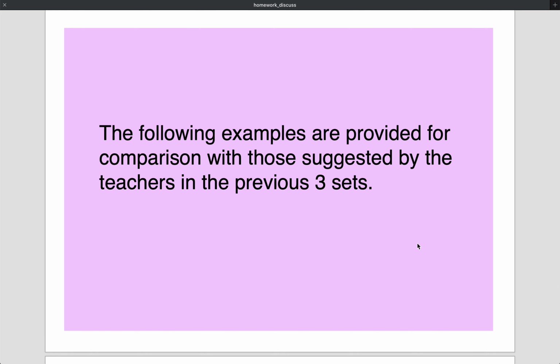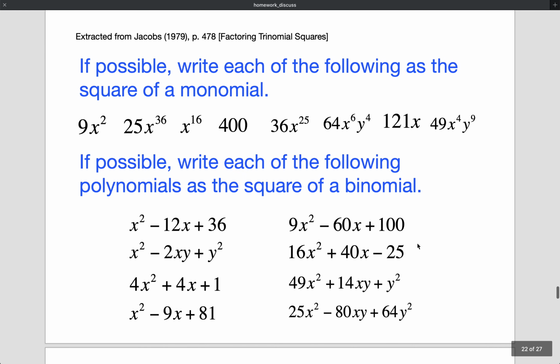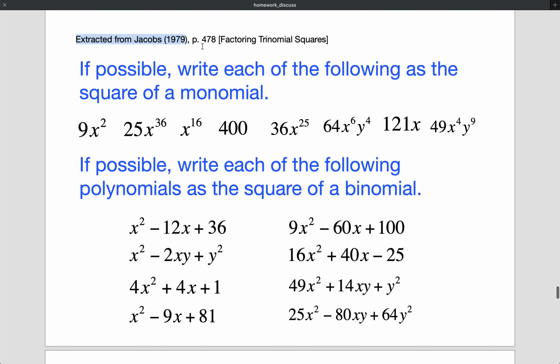Okay. So I'd like to show you another set of materials collected from another source, for comparison, which shows that it is very different from the examples given above by the teachers. For example, this one is extracted from a book by Harold Jacobs in 1979. They first start with this question: if possible, write each of the following as a square of a monomial.